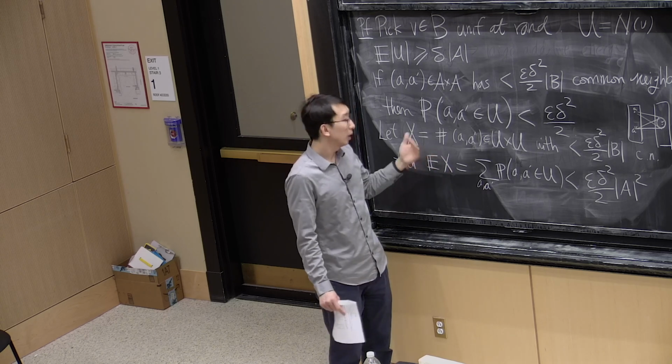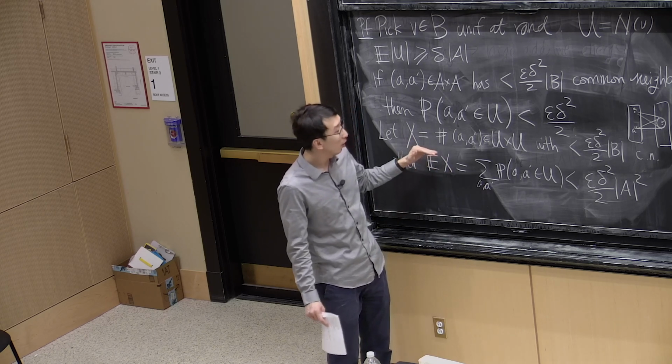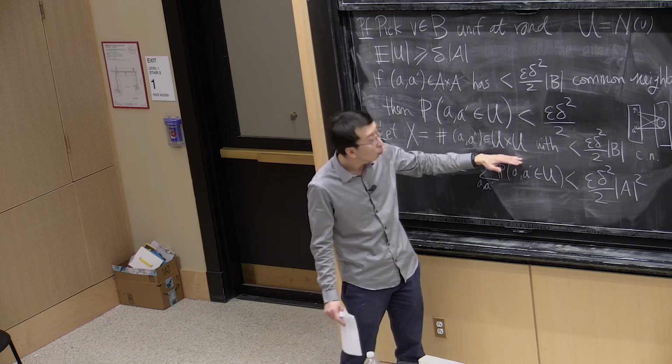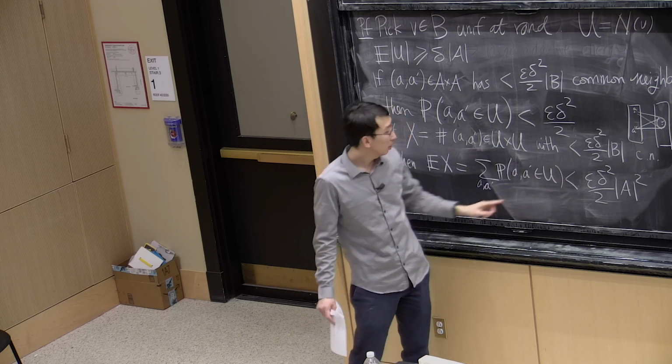So as a result, the expected number of pairs in U with a small number of common neighbors is small.